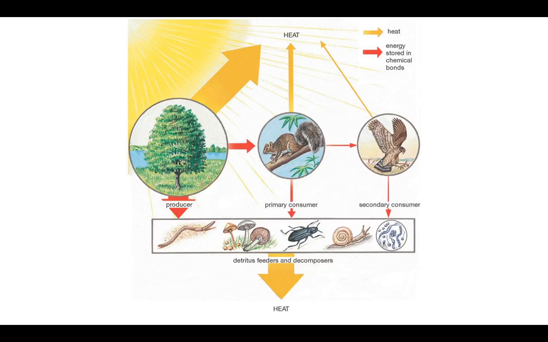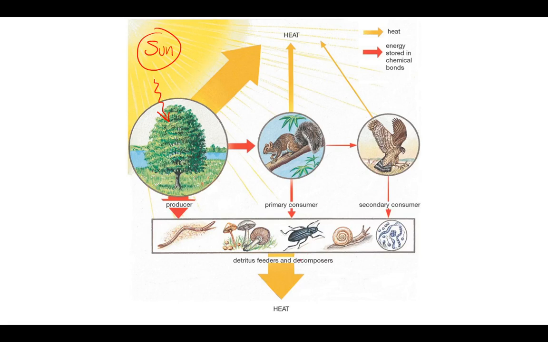So here's the bigger picture that I was just talking about. We start with energy from the sun, of course. That sunlight gives energy to decomposers, or I should say to producers, okay? The producers are transferring energy to primary, secondary, tertiary, and so on. They're giving their energy to the decomposers, okay?